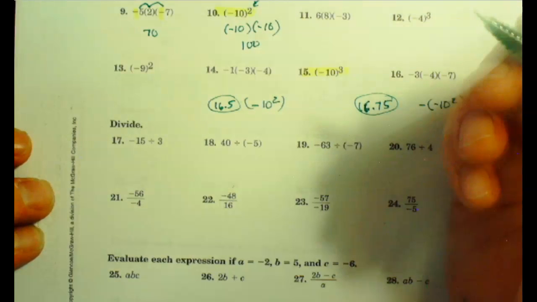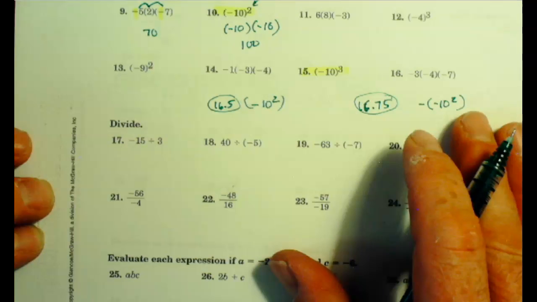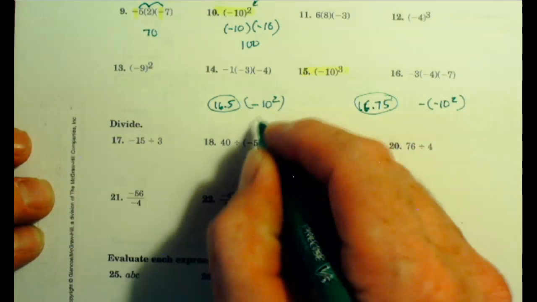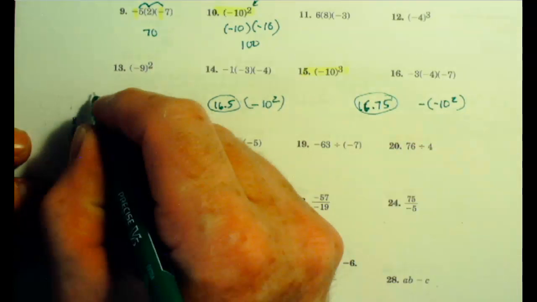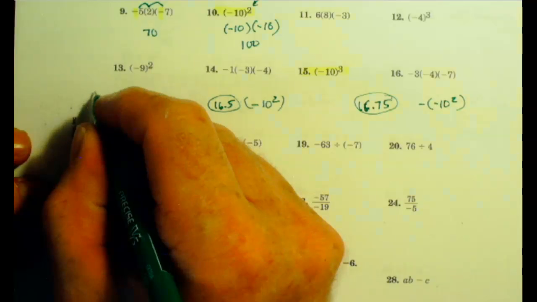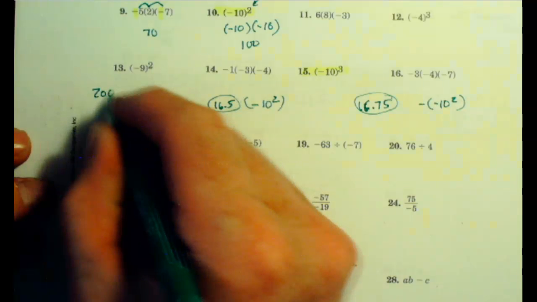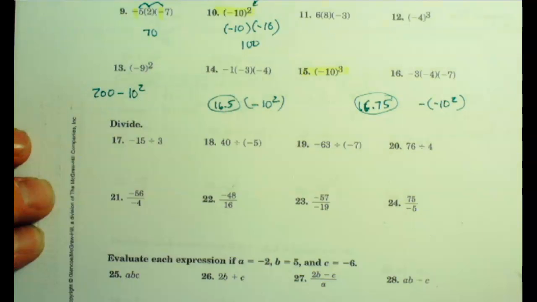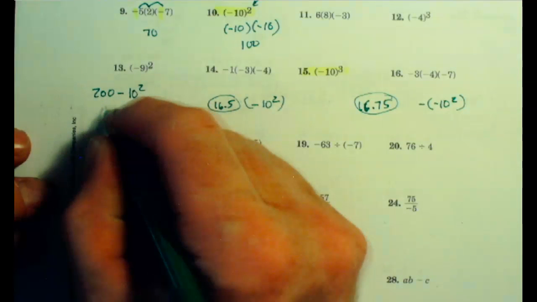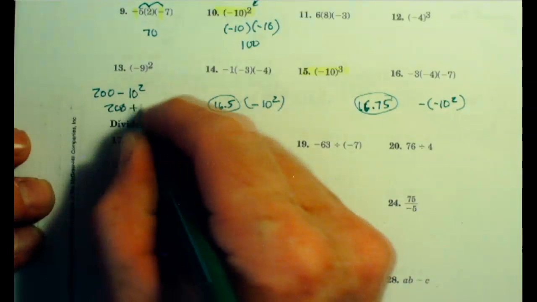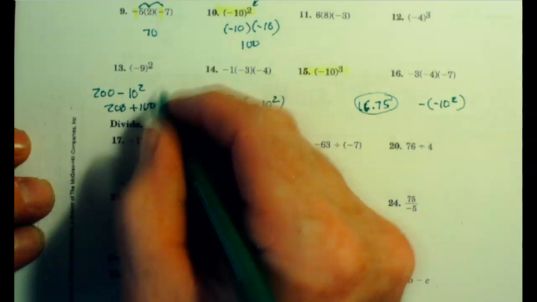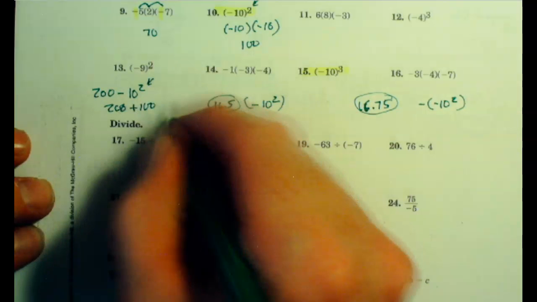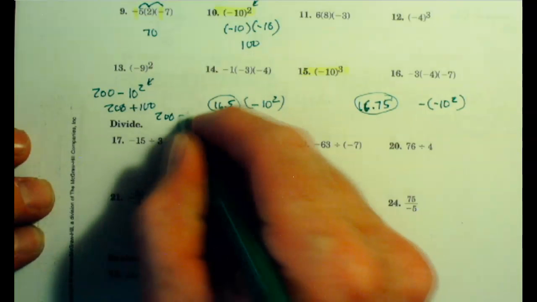I think 16.5 down here is a little bit more interesting. So now what do we do? Well, first let's consider this problem over here. What if we had, let's say, 200 minus 10 squared? You would never say that this is 200 plus 100, would you? No, you do the exponent first and you say that that is 200 minus 100.